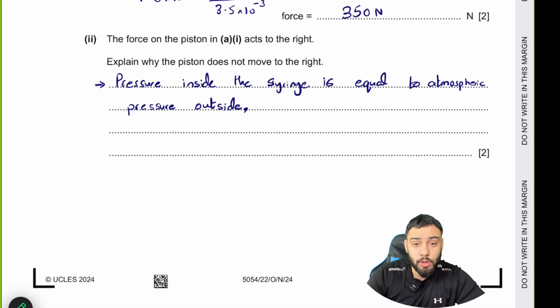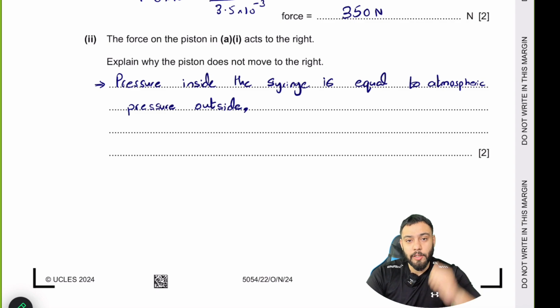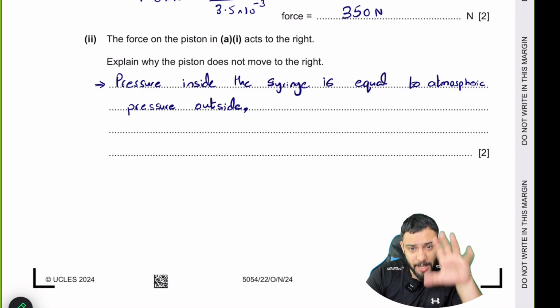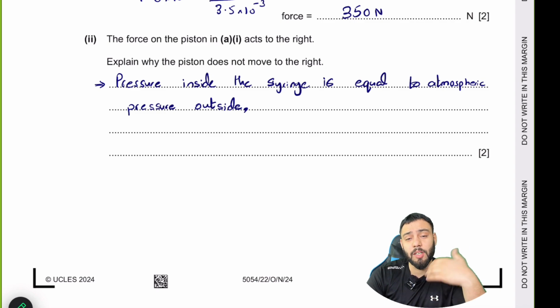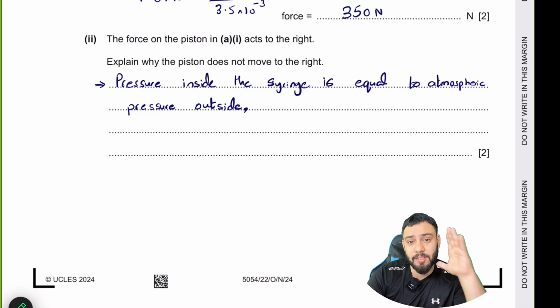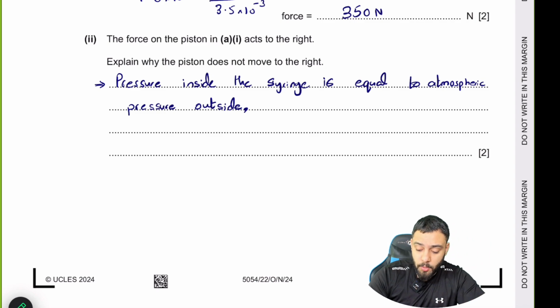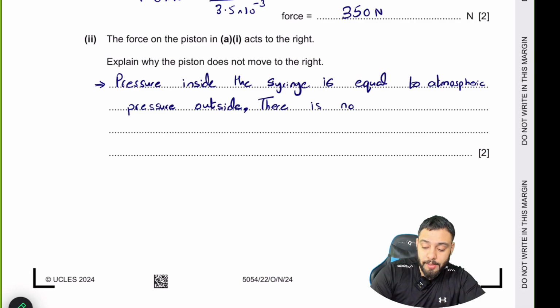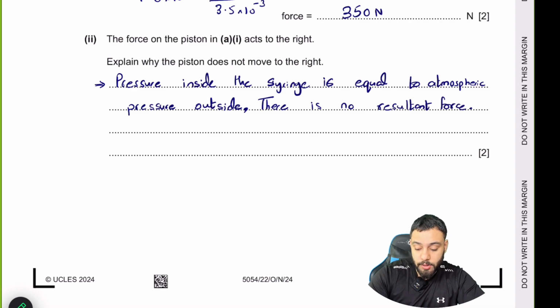if anything is to be moved, Newton's first law states that if an object is at rest, it will remain at rest, and if an object is moving, it will keep on moving until and unless there's a resultant force on it. So there's no resultant force. To move, you need a resultant force. There's no resultant force, and all forces are balanced.